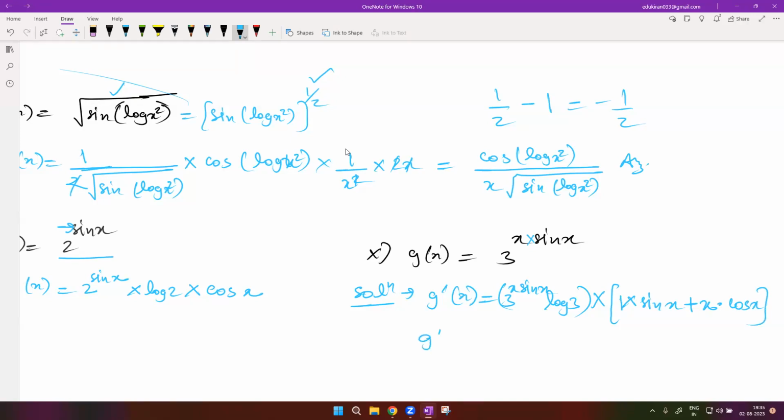So the differentiation of 3 to the power x sin x will be 3 to the power x sin x log 3 times sin x plus x cos x. So this is the final answer. This is how you can differentiate further on.